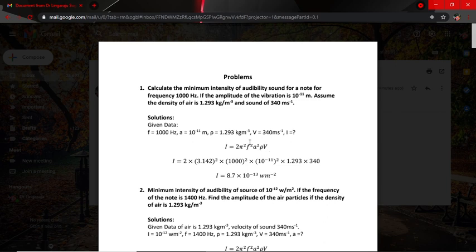Here they have given the f value, the rho value, the a value, and the velocity. All these values are given.